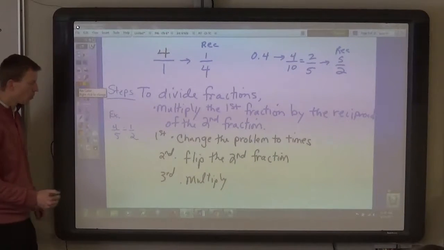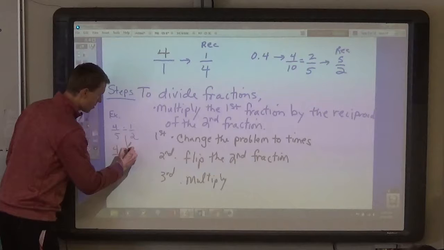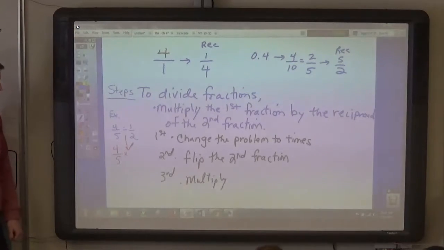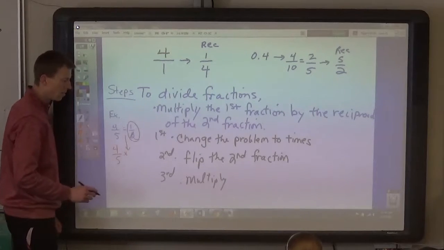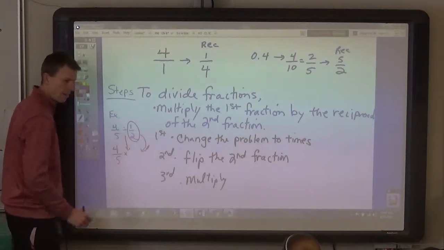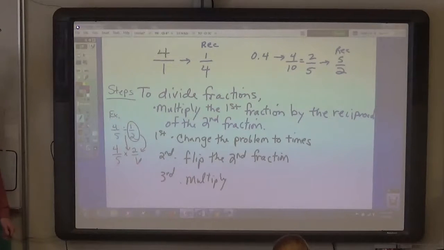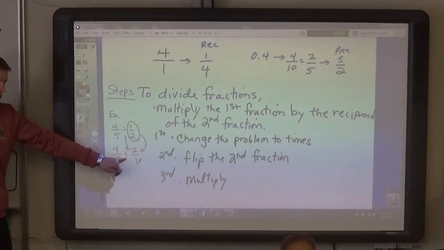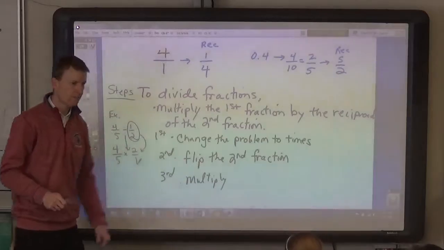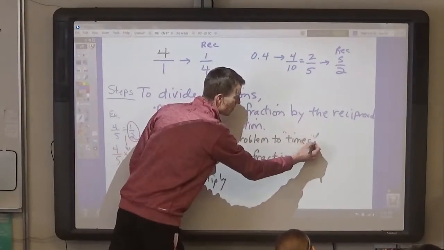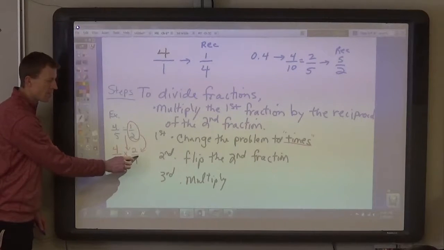So you're going to rewrite the problem as 4/5 times, and instead of using this number that's given, you're going to flip that second number and use its reciprocal. We change it to multiplication. So there's 2 steps when you set the problem up. Change it to times, which is multiplication, and flip the second fraction.